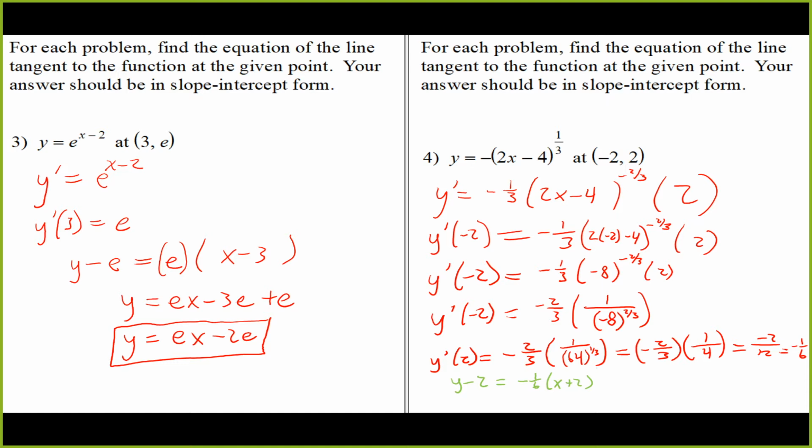Okay. And we are supposed to write our answers in slope-intercept form, so I need to simplify a bit. So it will be y equals -1/6 x plus 3/4. I mean 4/3. Okay, I'm gonna write that out.